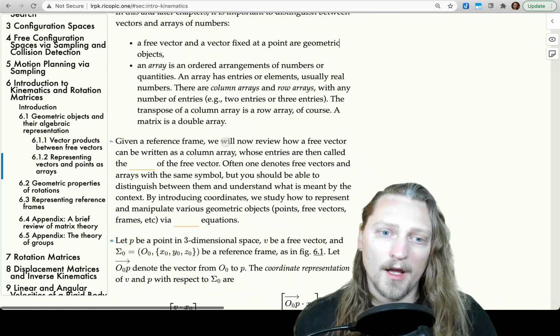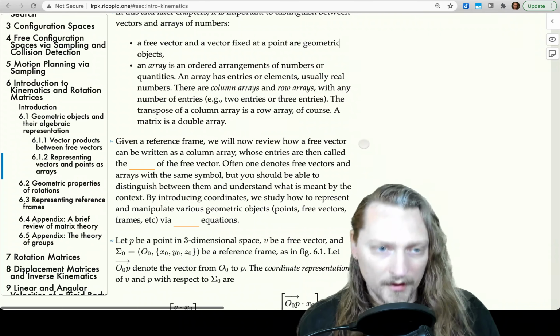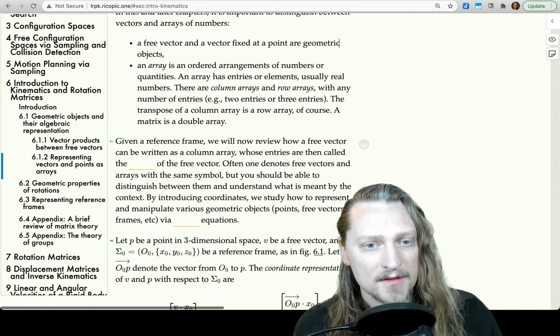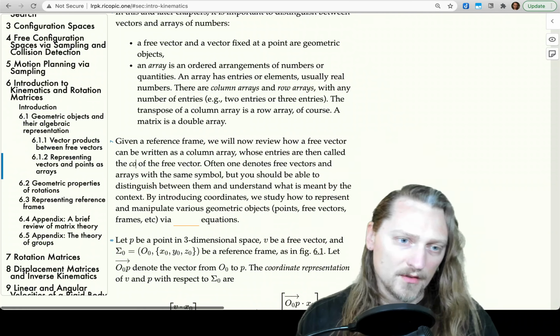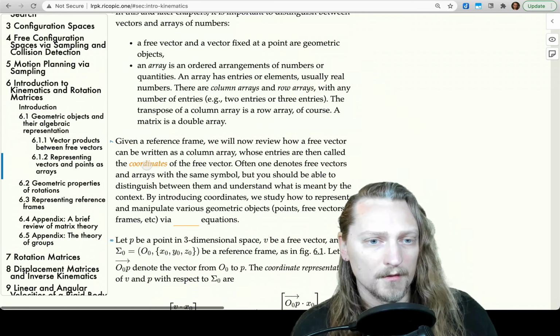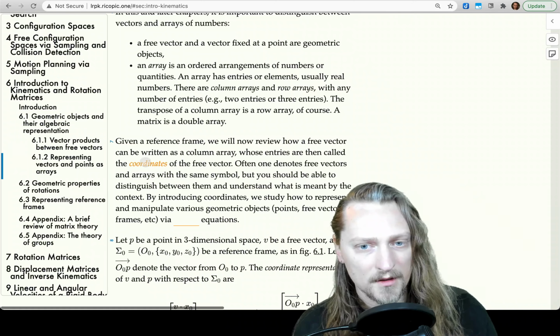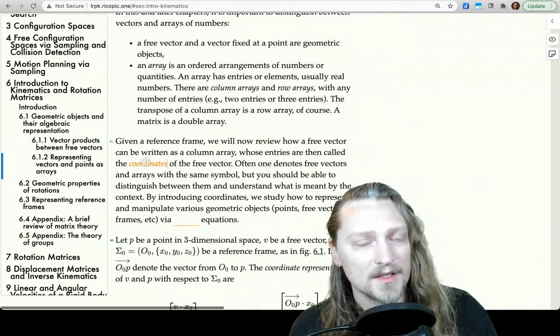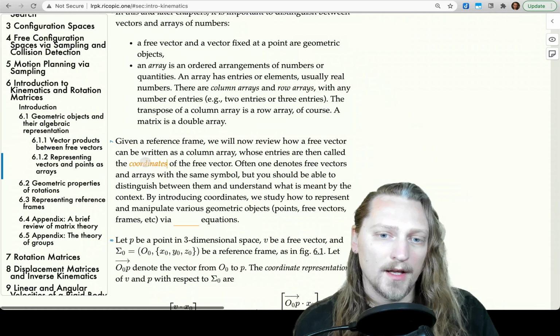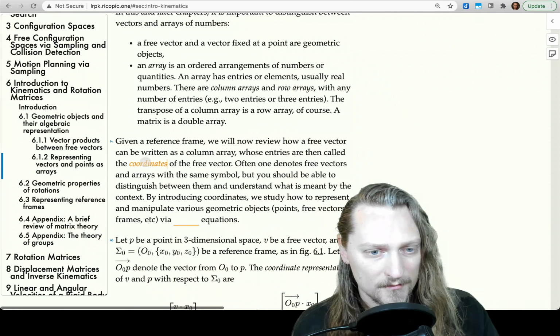Given a reference frame, we will now review how a free vector can be written as a column array whose entries are then called the coordinates of the free vector. Often one denotes free vectors and arrays with the same symbol, but you should be able to distinguish between them and understand what is meant by the context.